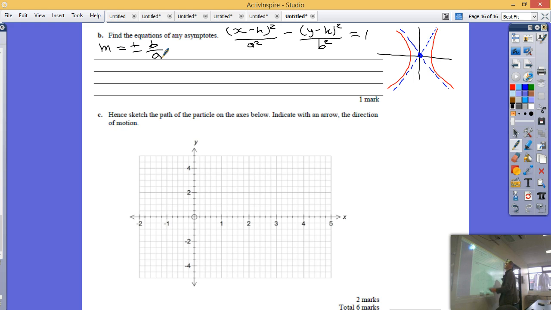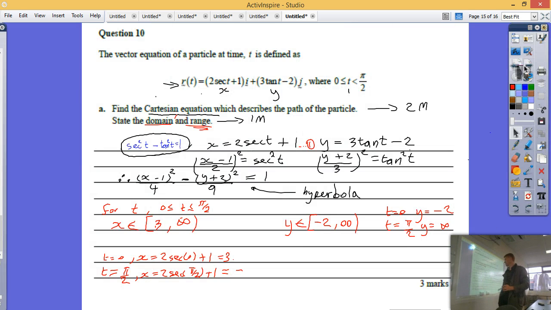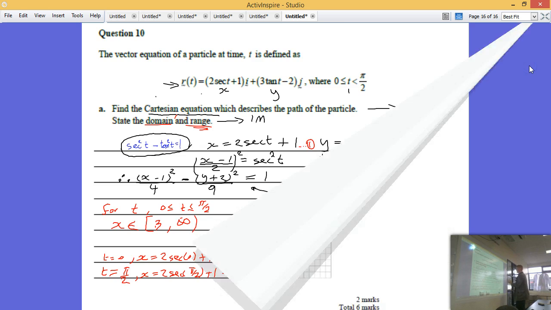And then the center point where the asymptotes pass through is my x1, y1 value, my coordinate, and that is the same as the h and k. And from the equation that I determined in the previous question, I've got h is 1 and k is 2, or -2.